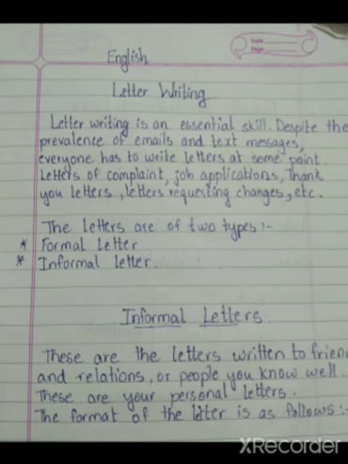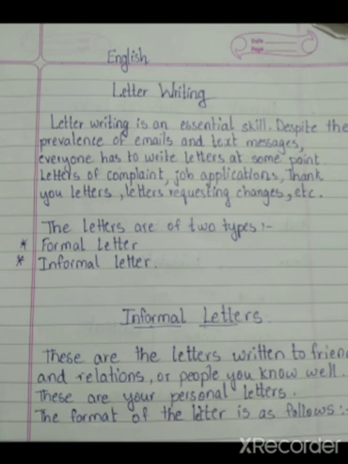Okay, now there are two types of letters, a formal letter and an informal letter. Now what is an informal letter, we'll see first, because that is what you're going to study. So these are the letters written to friends and relations or people you know well. These are your personal letters. So whom do we write the informal letters to?